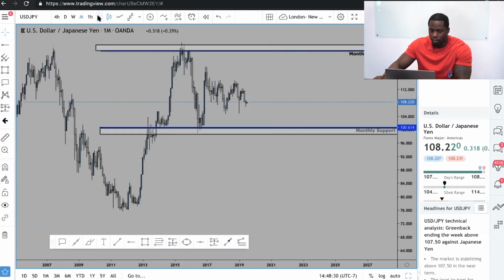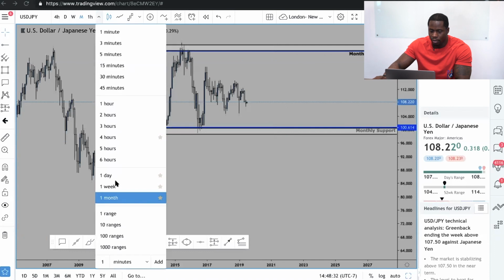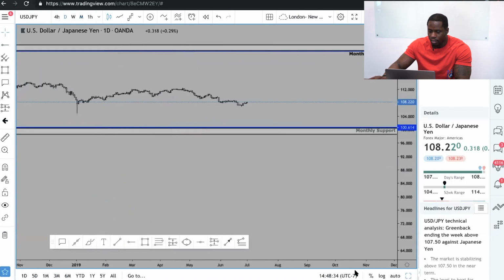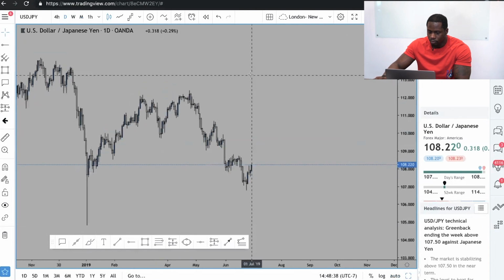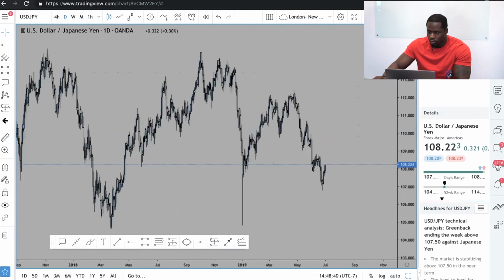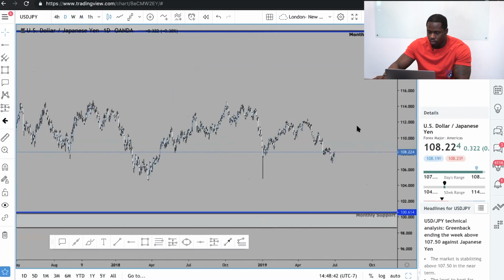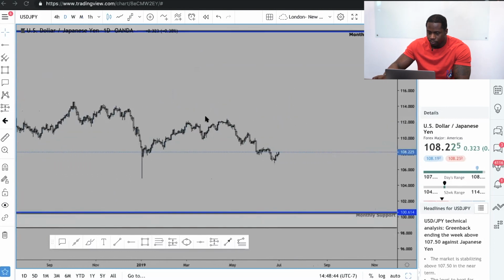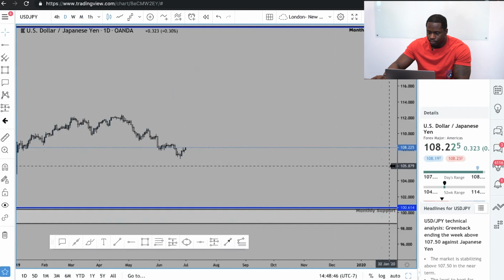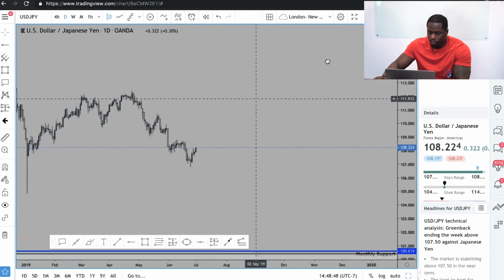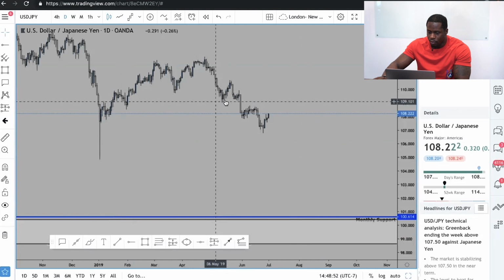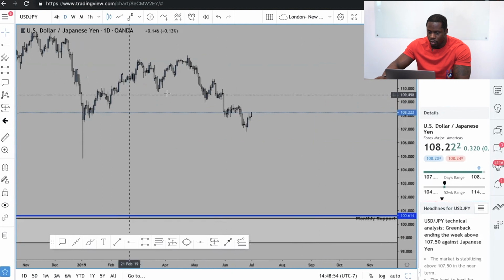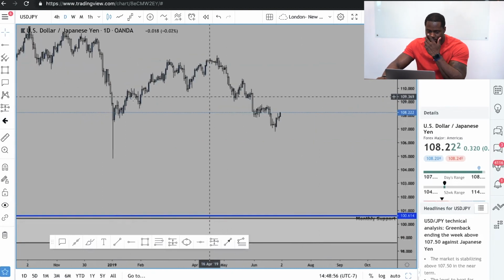As I break this down from the monthly time frame, now going down to the daily, right? As we zoom out, what we're looking for is a market structure to come back to this minor support.